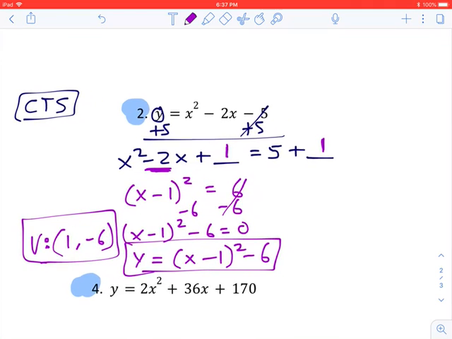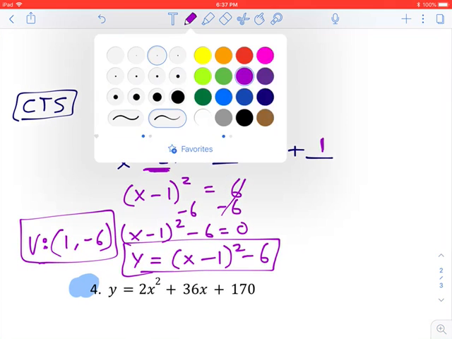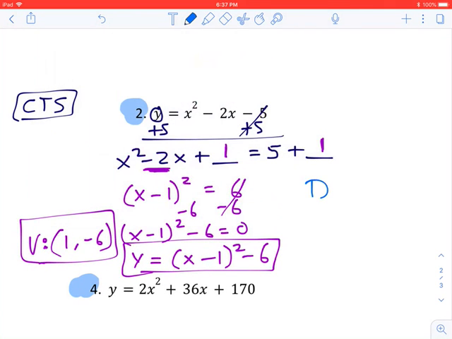So let's now turn our attention to the domain and the range. The only thing you need to do there is understand what the parent function is, which is x squared. So this is what that would look like, a parabola. Depending on where it opens, we should know what our vertex would be.